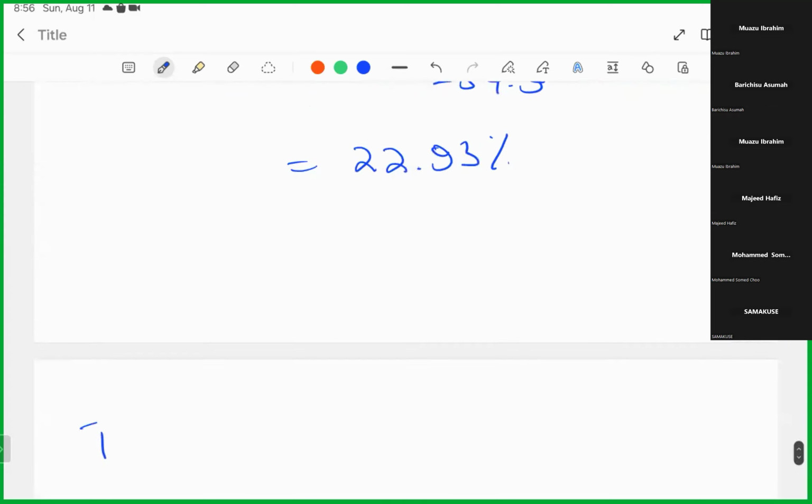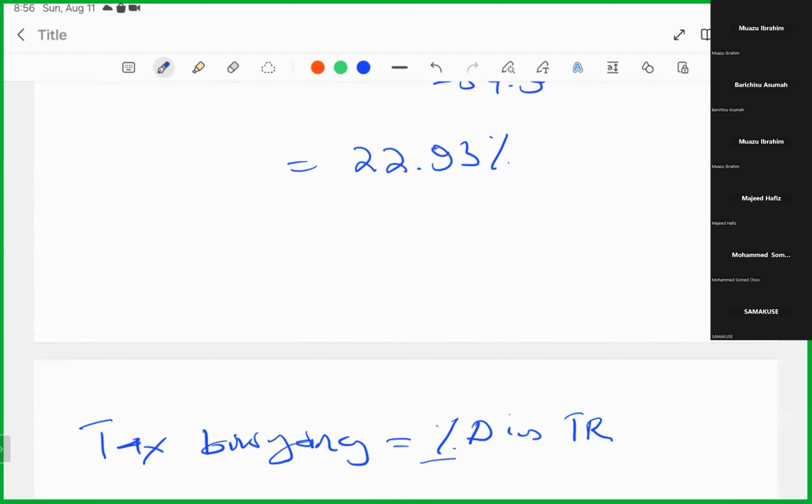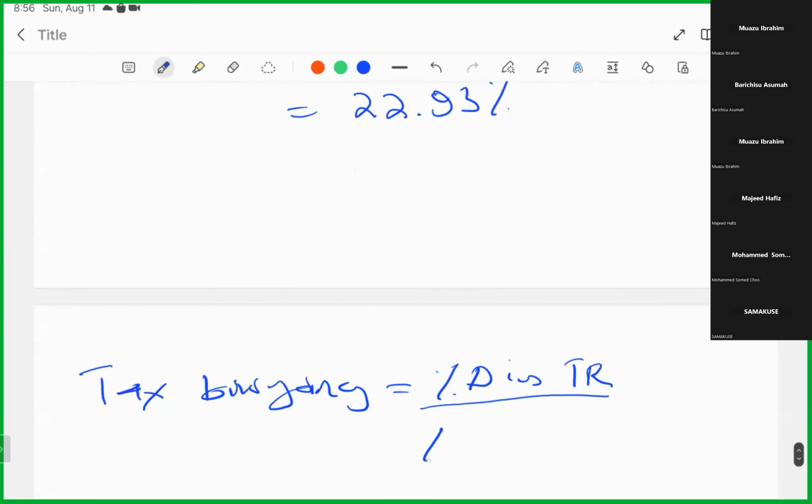So here, our tax buoyancy will be the percentage change in tax revenue all over the percentage change in the GDP.